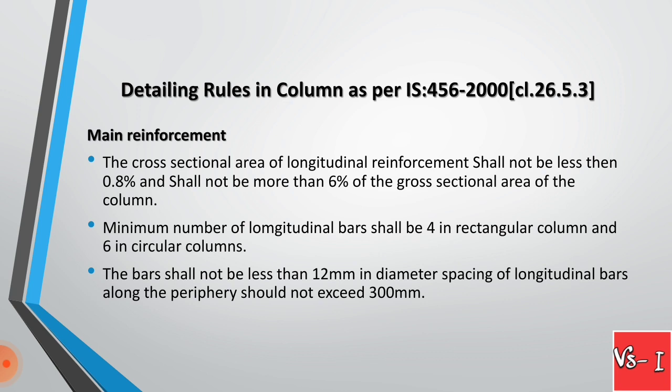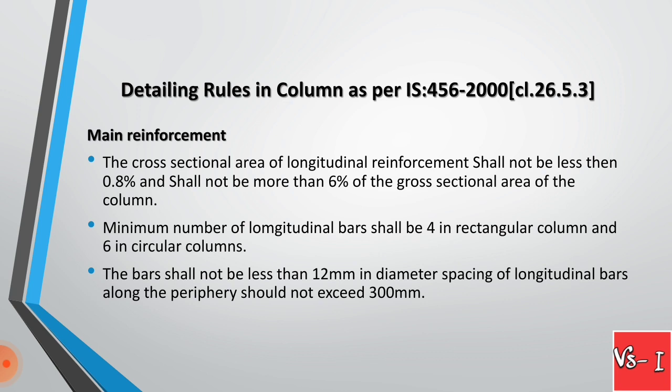Here are some rules for a column as per IS 456/2000. Let's see the main reinforcement rules. First, the cross-sectional area of the longitudinal reinforcement shall not be less than 0.8% and shall not be more than 6% of the gross sectional area of the column.